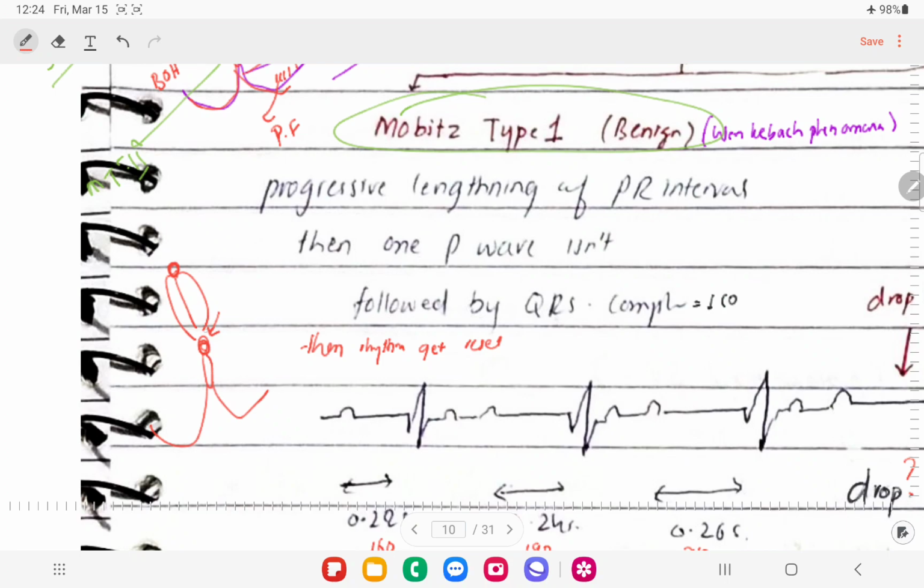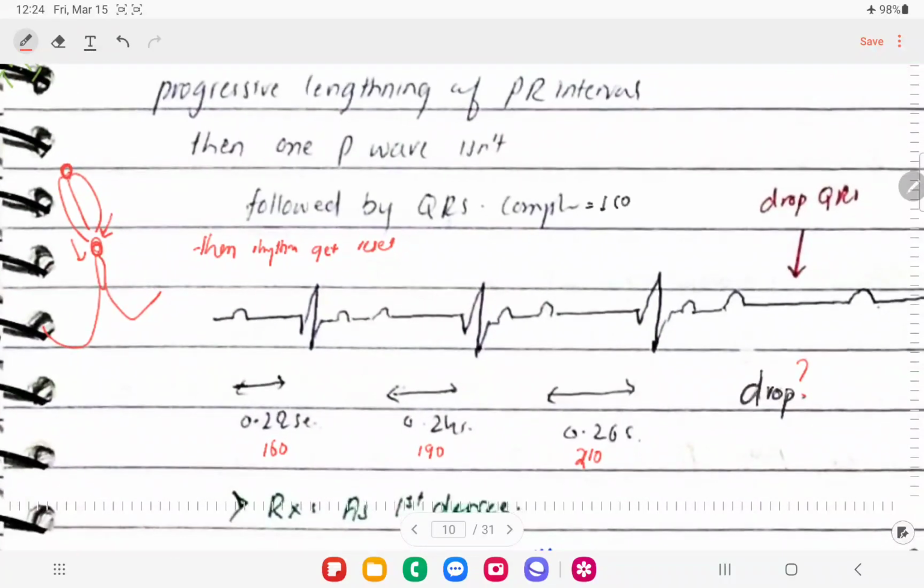The AV node will be conducting some impulses, but with some delay. So this is the P wave, then the PR interval, and then the QRS complex.